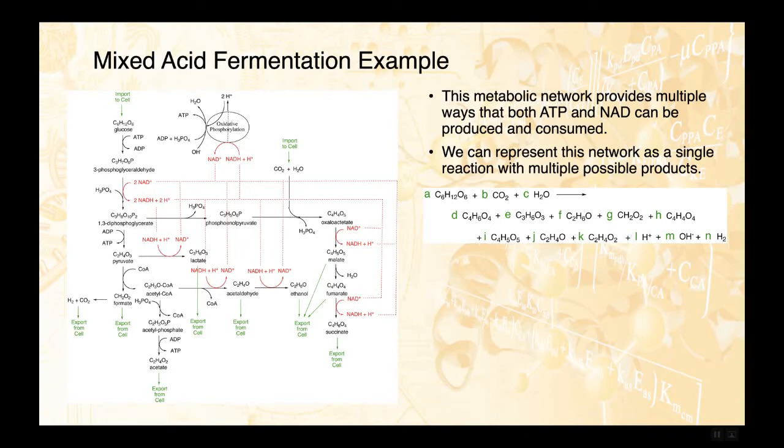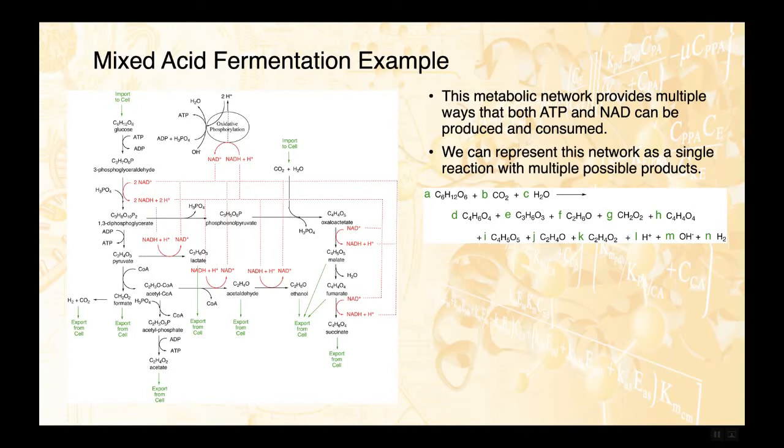Now here we have a mixed acid fermentation metabolic network. If we're starting from 3-phosphoglyceraldehyde, which is the same point we started at before, we go to 1,3-diphosphoglycerate, but now that has multiple paths that it may take.